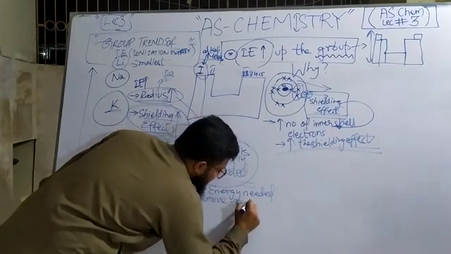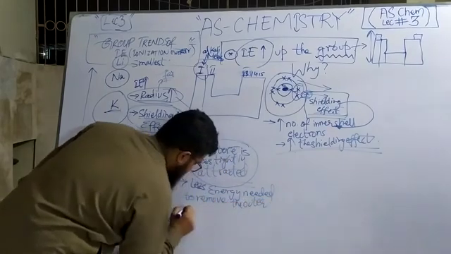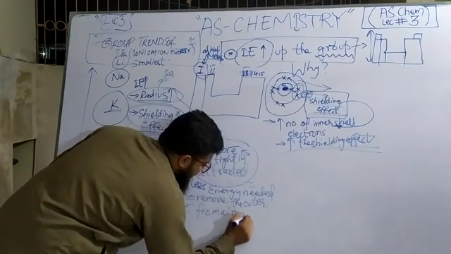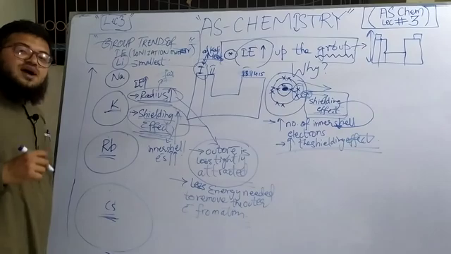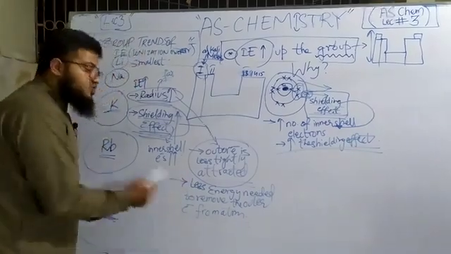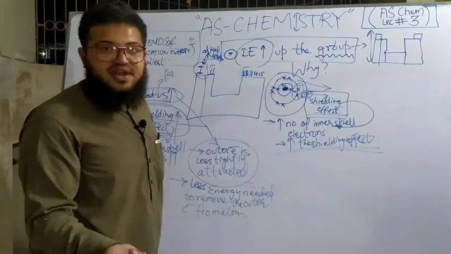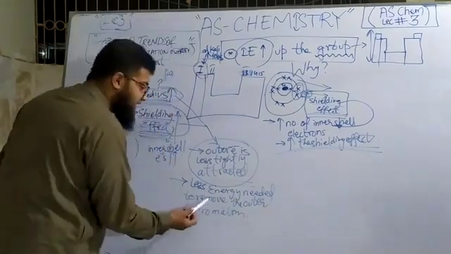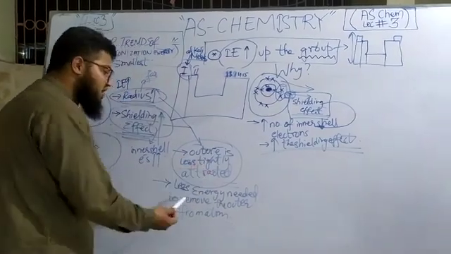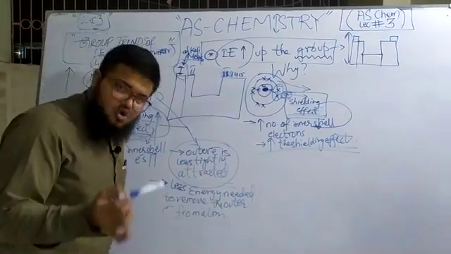And what is this energy, by the way? The energy needed to remove the outermost electron is your first ionization energy. Simple as that. So if this energy is low, the ionization energy is also going to become low.